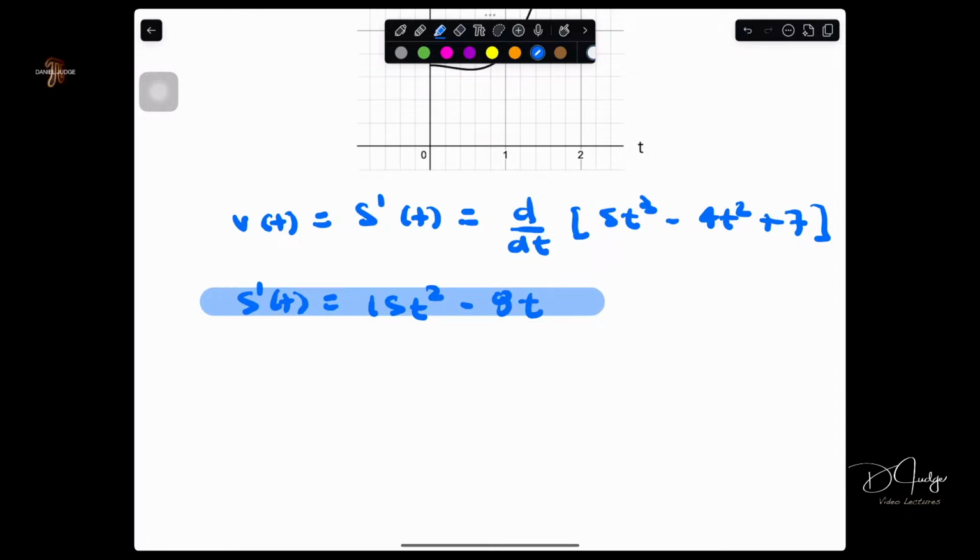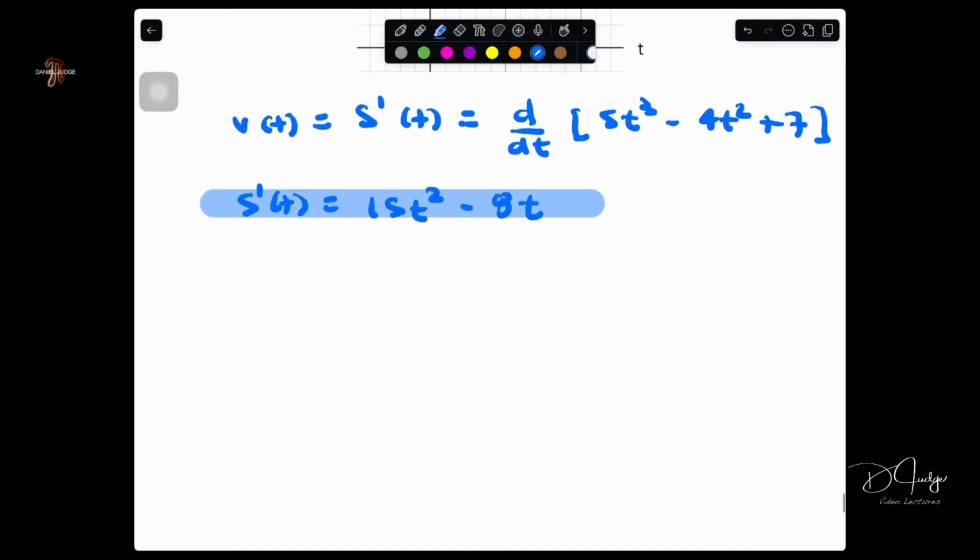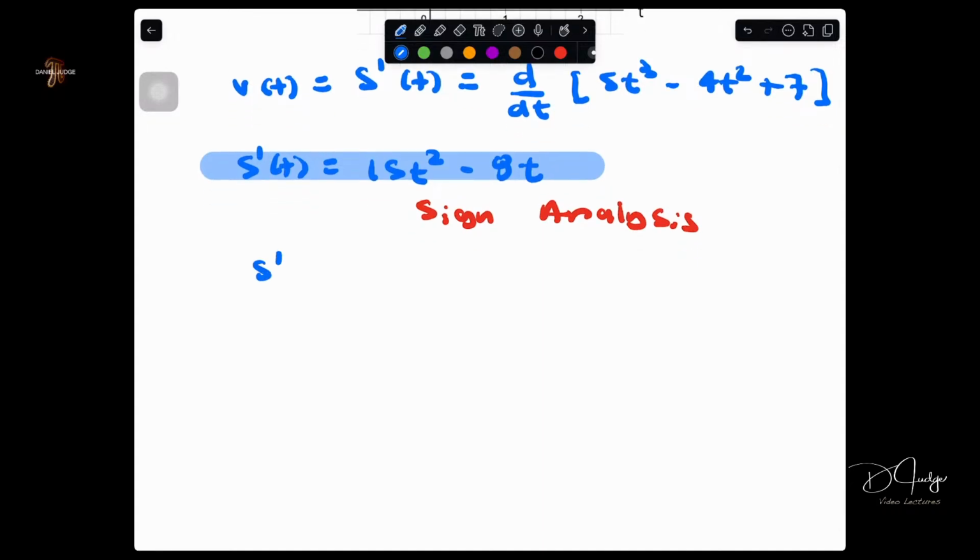We got the derivative. Now, the sign analysis portion. We set the velocity equal to 0 and solve for t. So that would be 15t squared minus 8t equals 0.